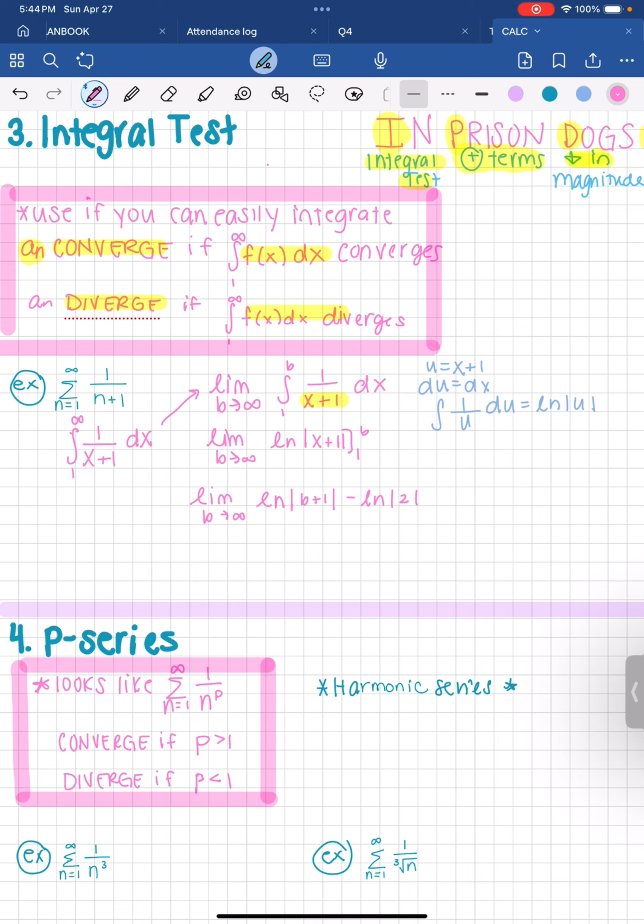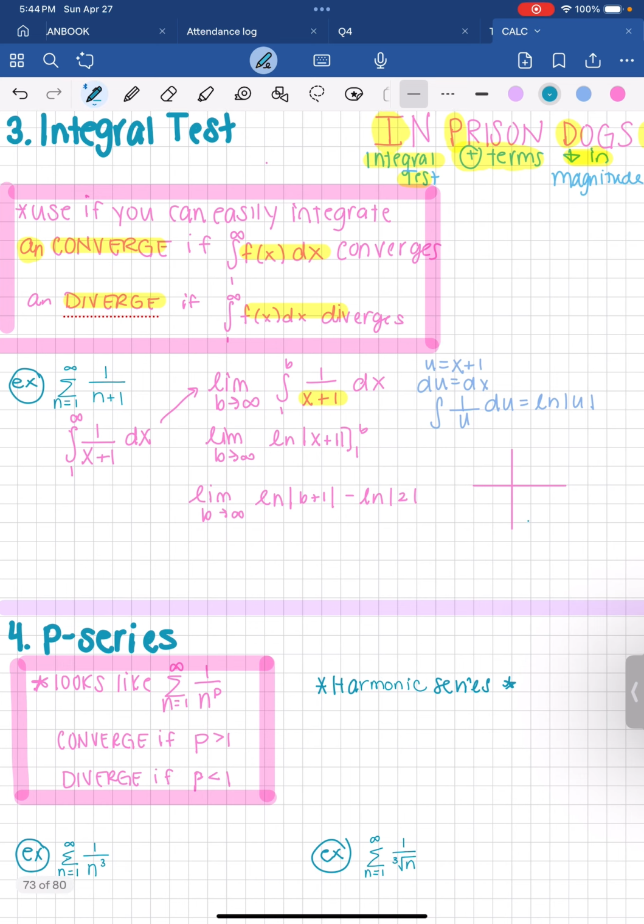Well, if you know what the natural log graph looks like, and the ln of b plus 1 kind of just shifts it, so no matter what, even if we're shifted to the left 1, as b is approaching infinity, this graph is going to infinity. So this is going to be divergent. So the integral is divergent. So the series diverges by the integral test.